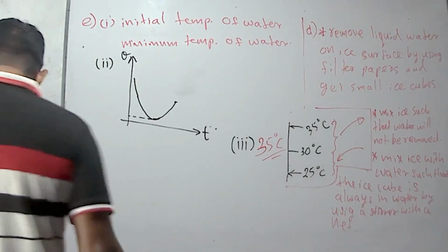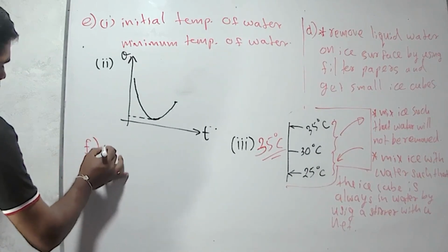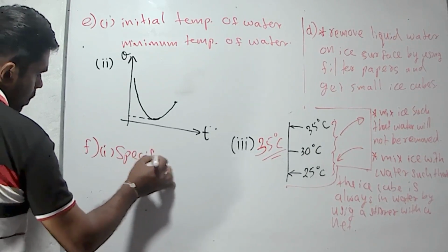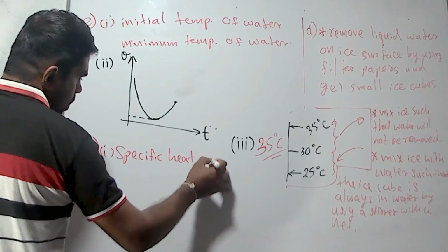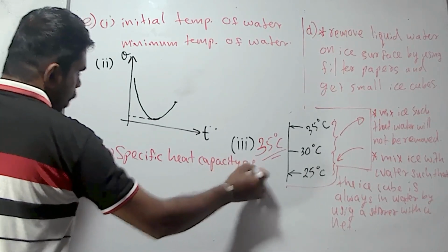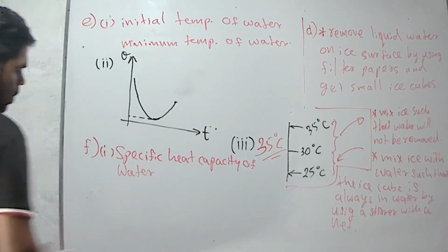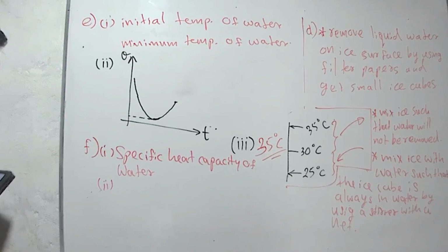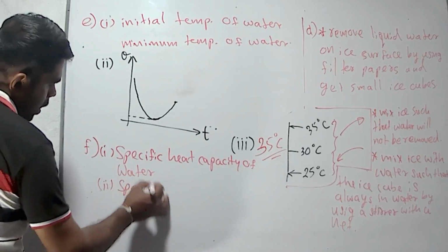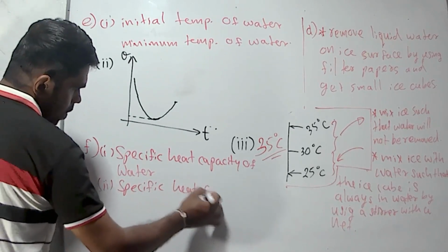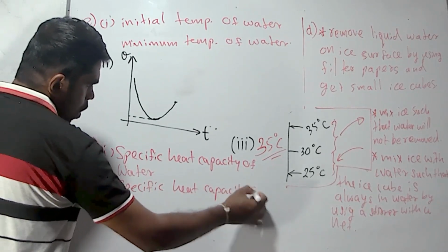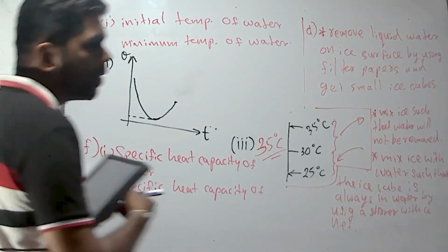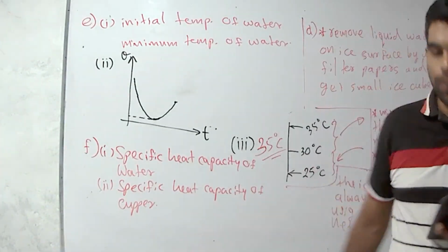Then you can write part F1, specific heat capacity of water, and the second data we need, specific heat capacity of copper. They have given that it is a copper calorimeter. Therefore, we have to use the specific heat capacity of copper.